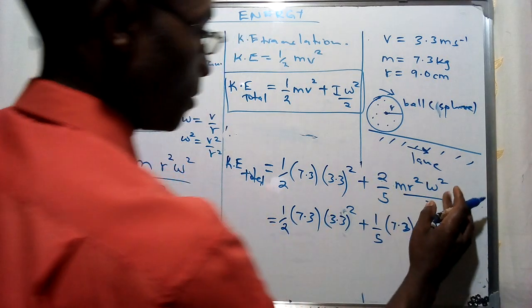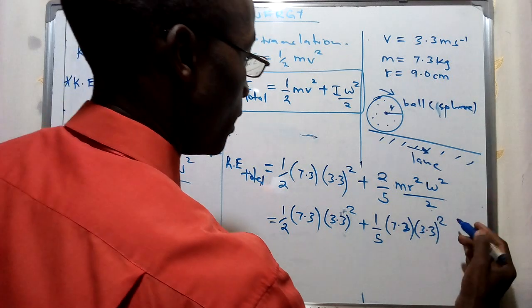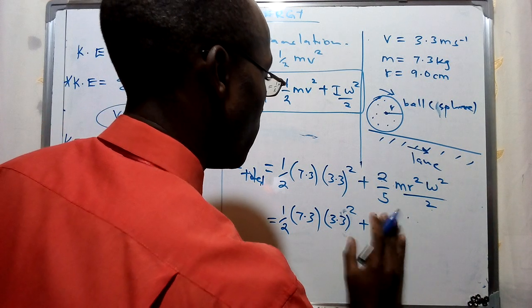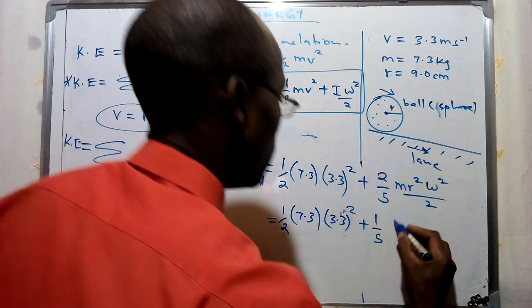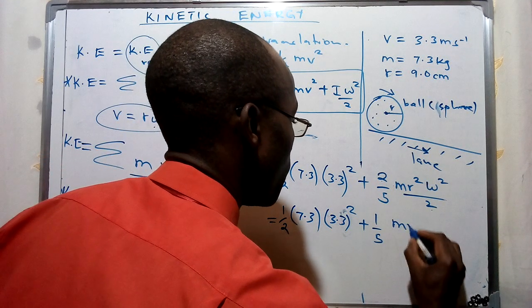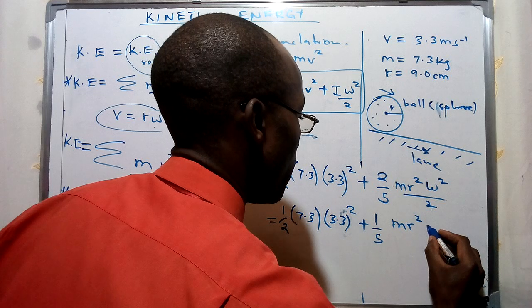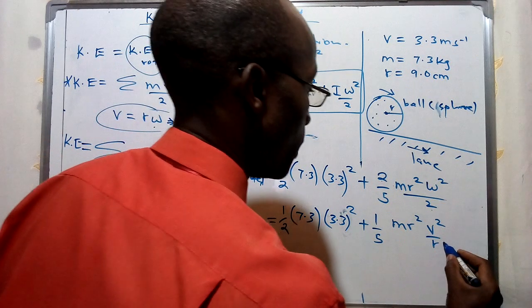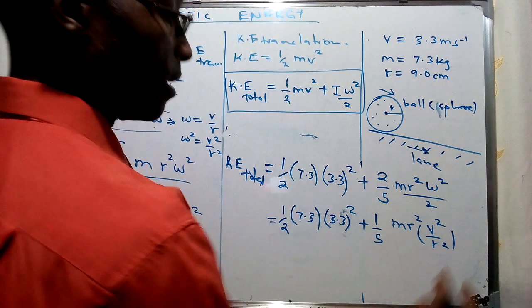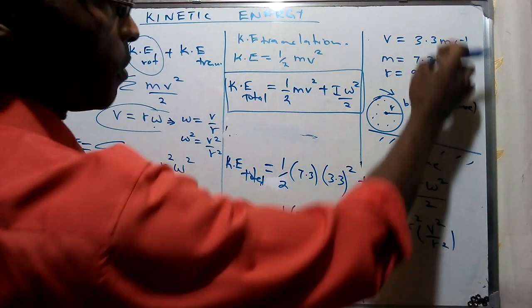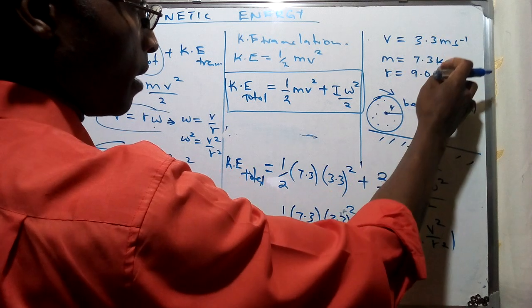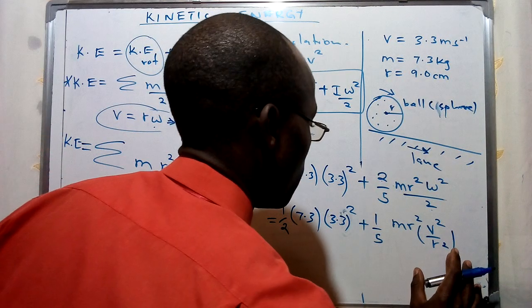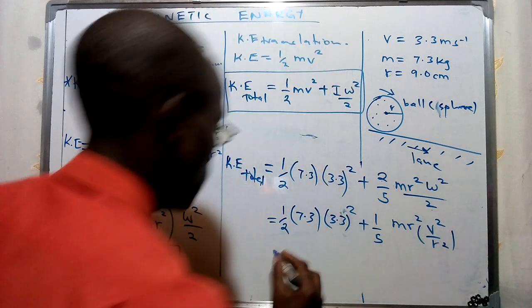So in doing our substitution for this specific case, we shall have this one given in terms of m r squared, with v squared over r squared to represent omega squared. So in this case, since we have a v squared from this specific section and r squared given as that one, we shall have this one substituted.